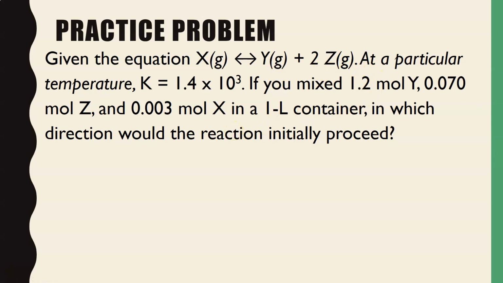Then you're going to plug them into your equilibrium expression to calculate Q. Once you have Q, you're going to compare it to your K value. You're going to see, are they equal, less than, or greater than? Take a moment and first try to figure out what your law of mass action, your equilibrium expression would be.